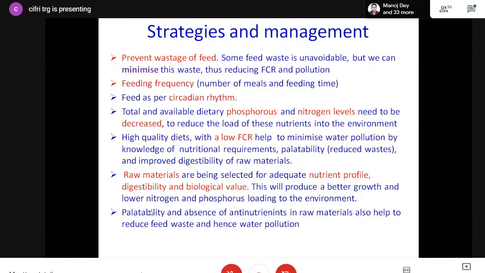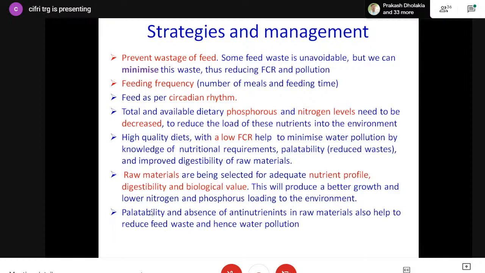If we give them a precise amount of feed, that will ensure complete consumption of the given feed. Even a kilogram of feed remaining unconsumed is an economic loss, and that feed will again deteriorate the water quality.